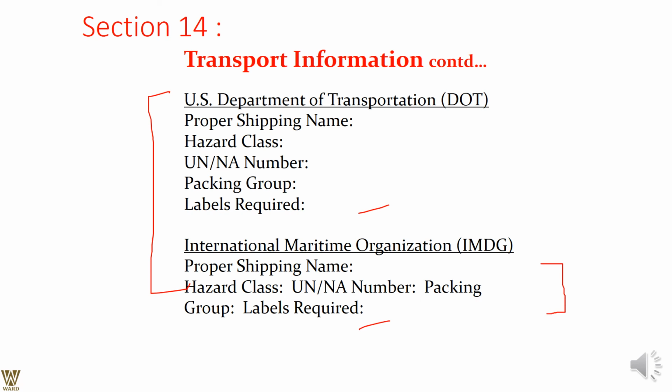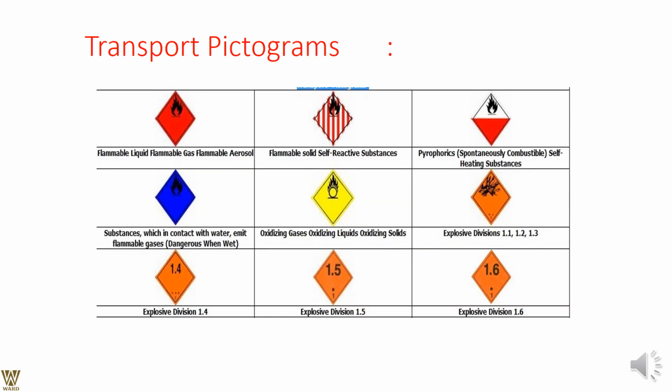There come the transport pictograms, which tell you flammable liquids, self-reacting substances, pyrophoric substances, spontaneously combustible substances which in contact with water emit flammable gases, in blue color, oxidizing gases in yellow color, and explosive devices, given with divisions 1.4, 1.5, and 1.6.